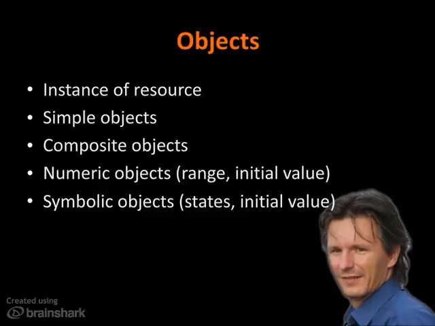Values can be based on numbers, numeric objects, or on symbolic states, symbolic objects. The most common state is, for example, on or off. Some games, for example adventure games, have unique objects, only one object per resource.